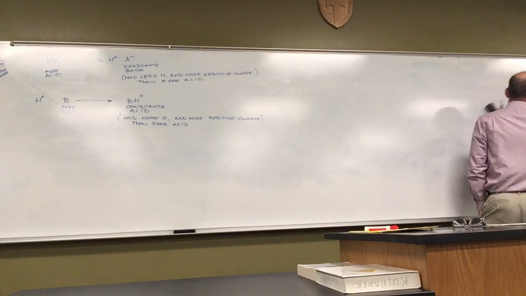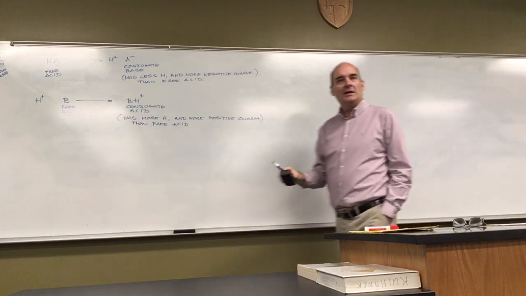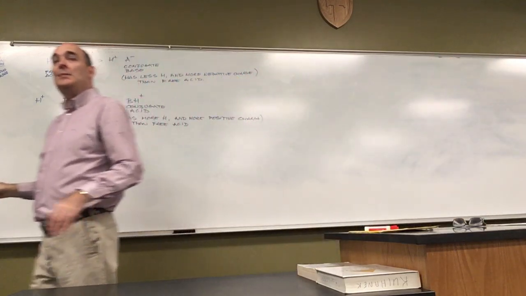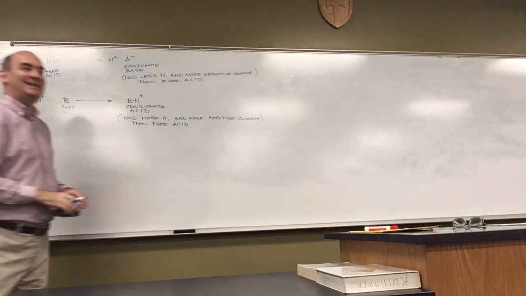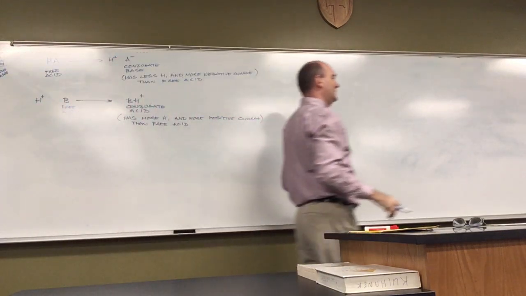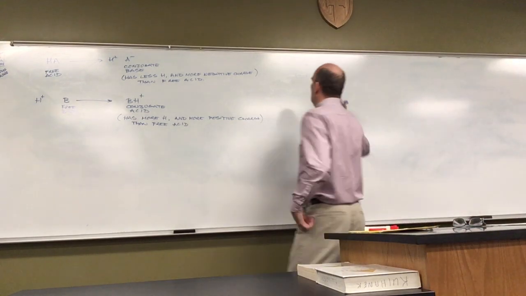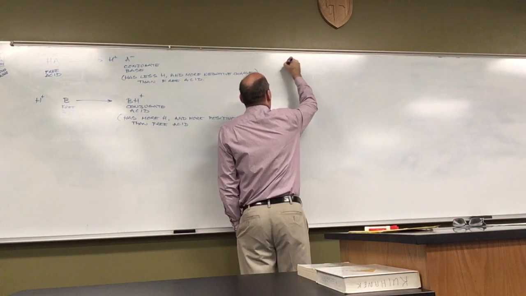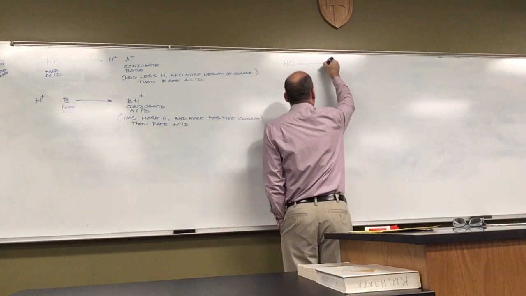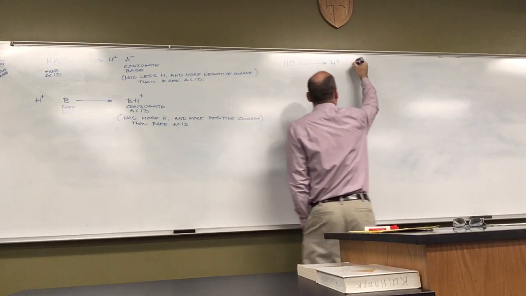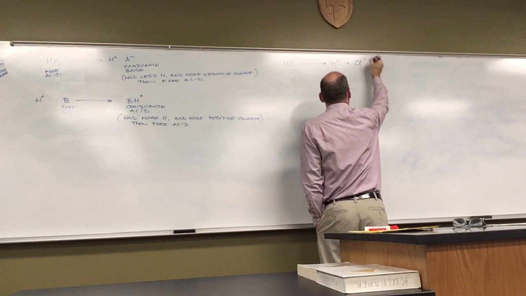Let's write a few of those down, and then I'll map them out on the periodic table and show you explicitly what the trend in acidity and the trend in basicity is. Okay? So, HCl goes to H plus and Cl minus.